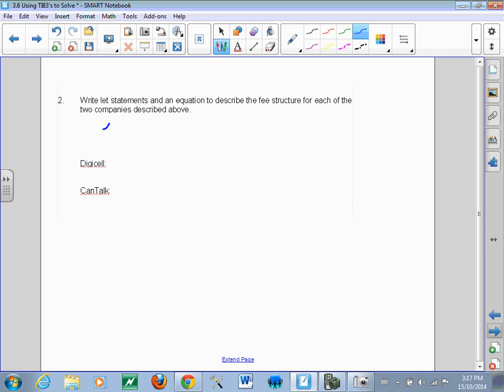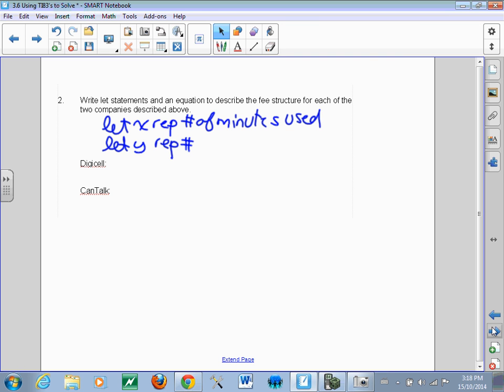So let X represent the number of minutes used or talked, whatever you want to write down. Okay? And then we're going to let Y represent our total cost, because that's our dependent variable. Sorry, let Y represent total cost, my fault.